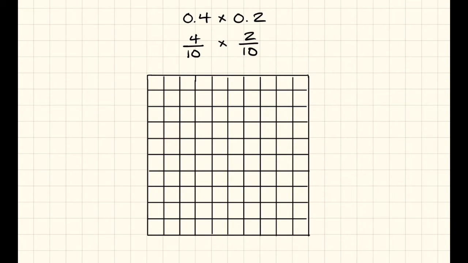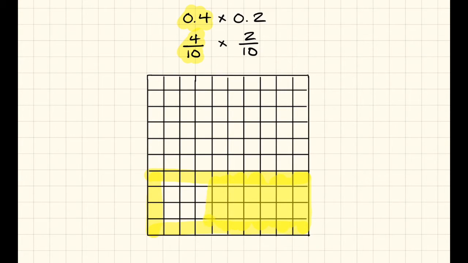So if you can look here at the figure shown, we see a 10 by 10 figure. Now I'm going to begin with the 4/10 first. So let's illustrate 4/10. I'm going to take 4 of the 10 rows and shade them in. We'll highlight this one in yellow to represent 4/10.